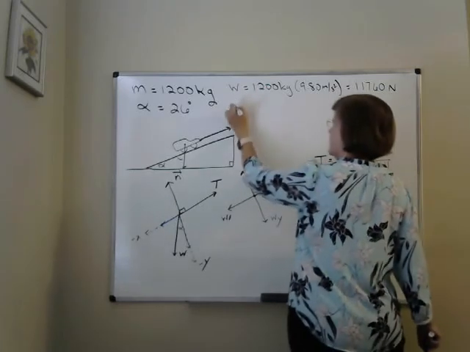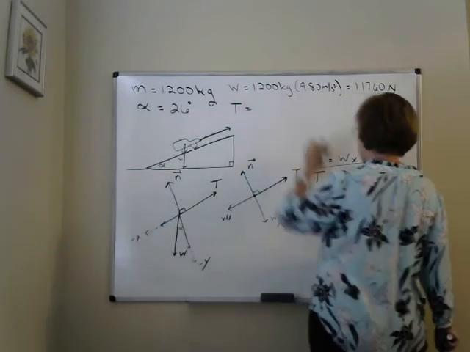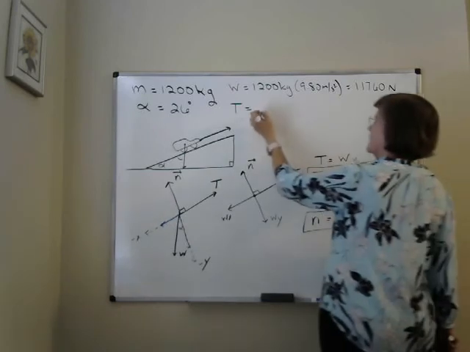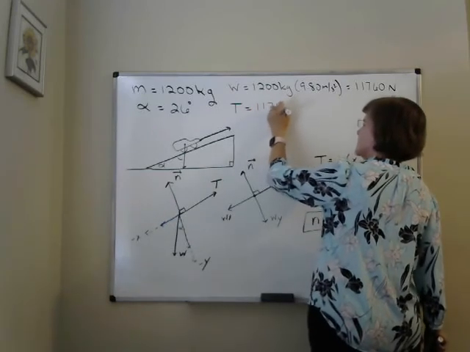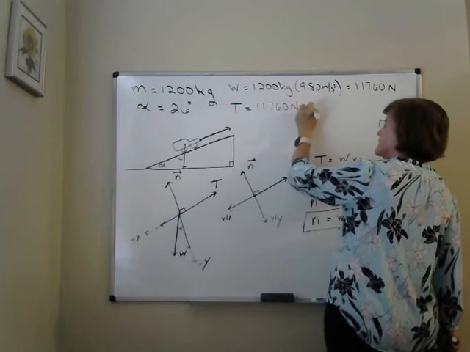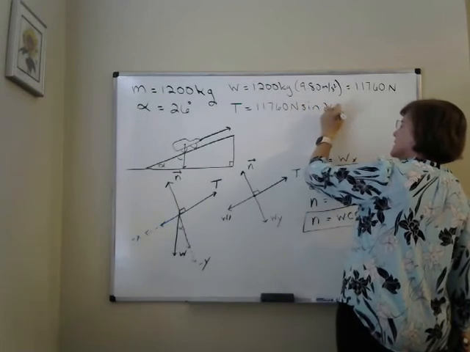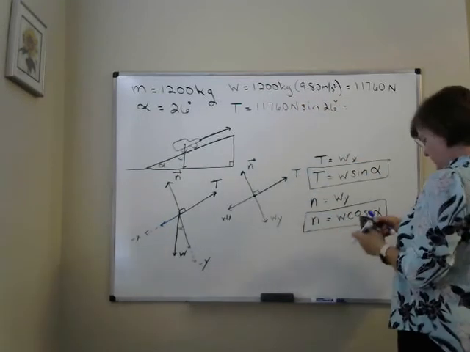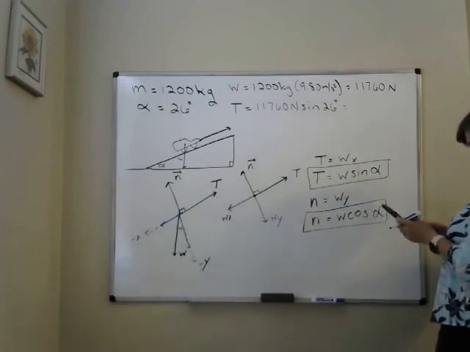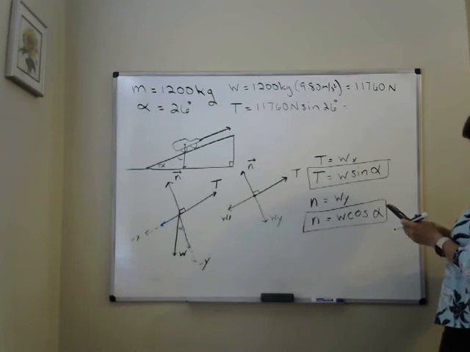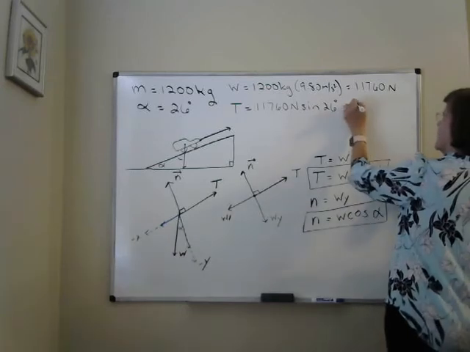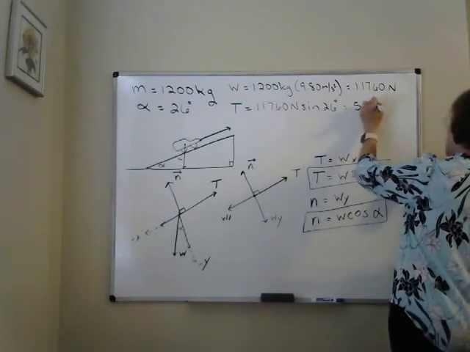So the tension in the cable is W sine alpha, 11,760 newtons, sine of 26 degrees. So I just take that answer and multiply by sine of 26. And I get 5,155 and some change.